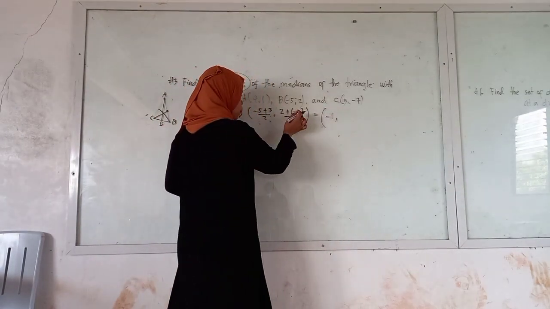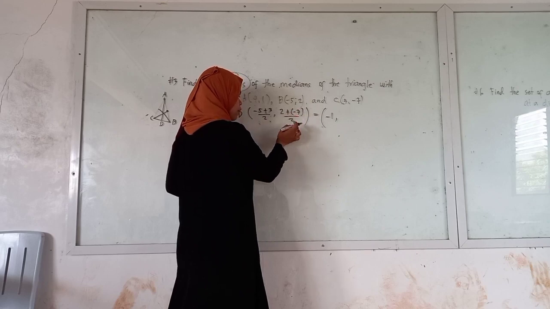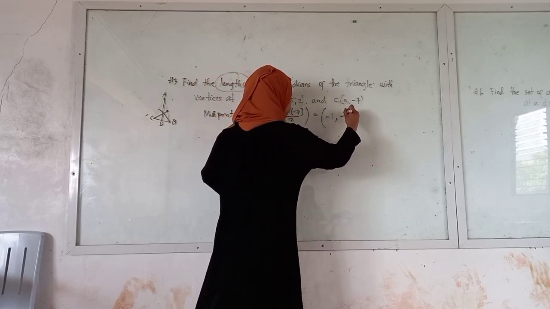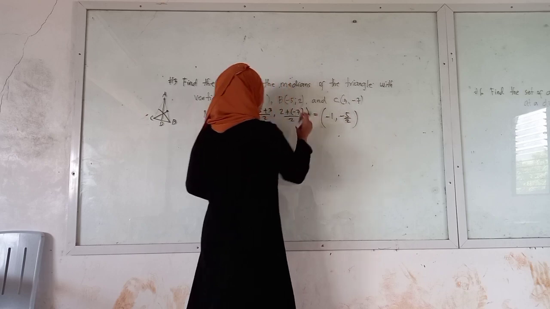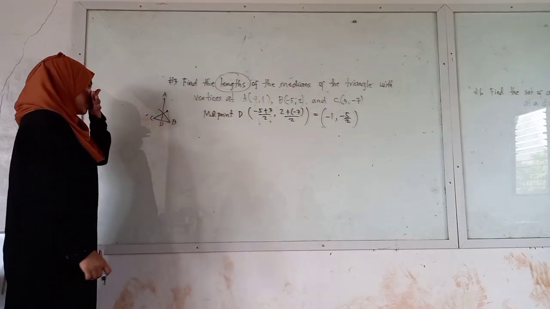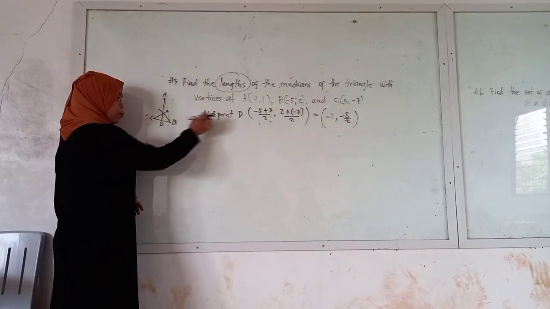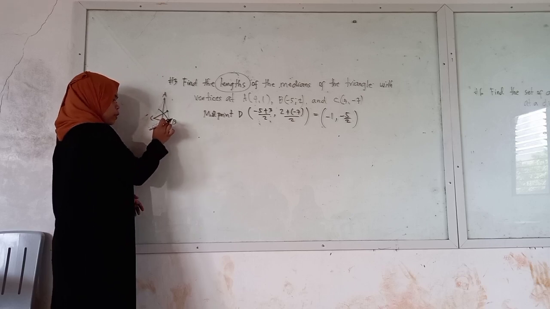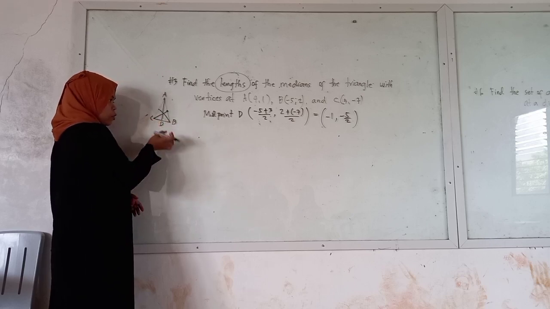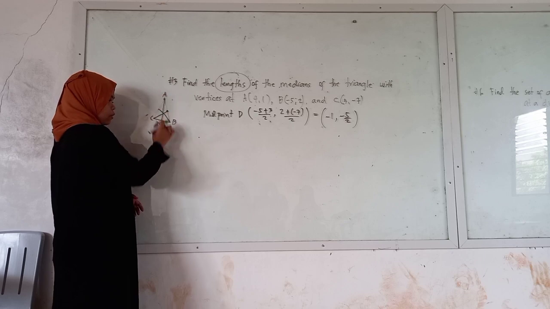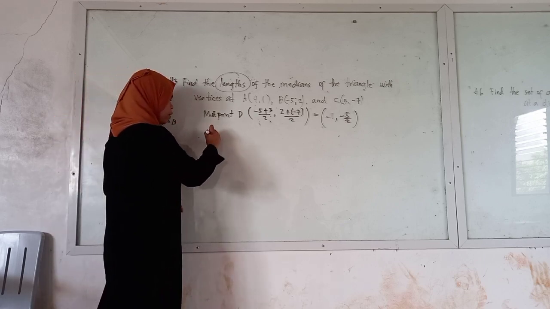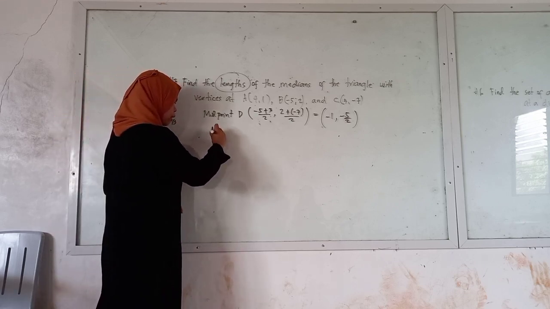And then 2 minus 7, that is negative 5 over 2. Kasi fraction yan. So that is the midpoint D galing kay B at saka si C. So para makuha ko yung distance nito, length nito, I have to use the distance formula for AD.